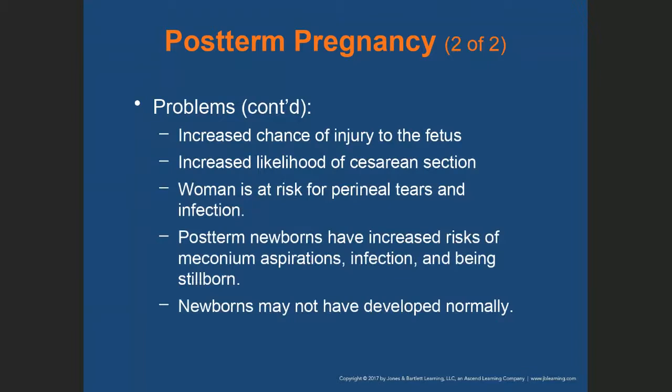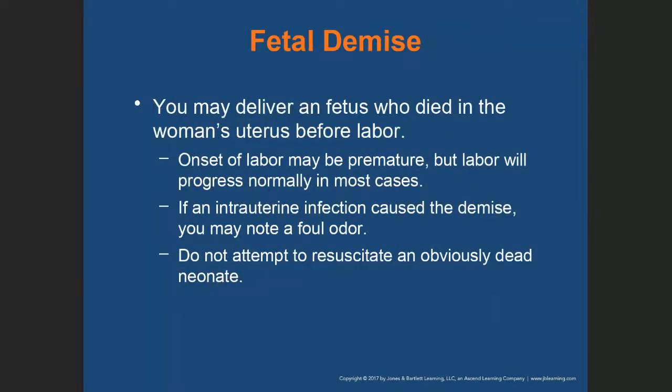Problems include increased chance of injury to the fetus and increased likelihood of cesarean section. The woman is at risk for perineal tears and infection. Post-term newborns have increased risk of meconium aspiration, infection, and being stillborn. Newborns may not have developed normally.